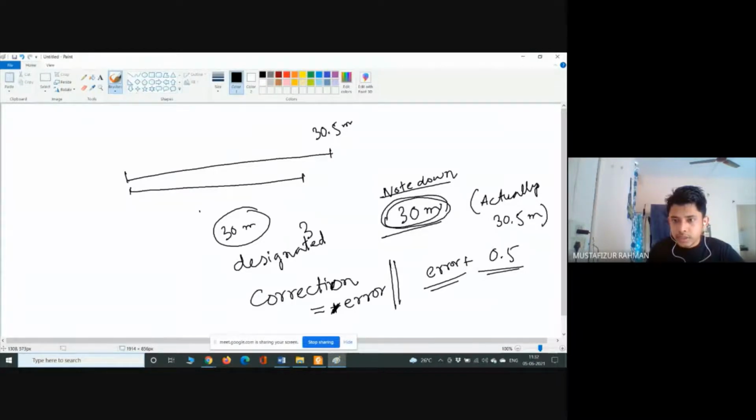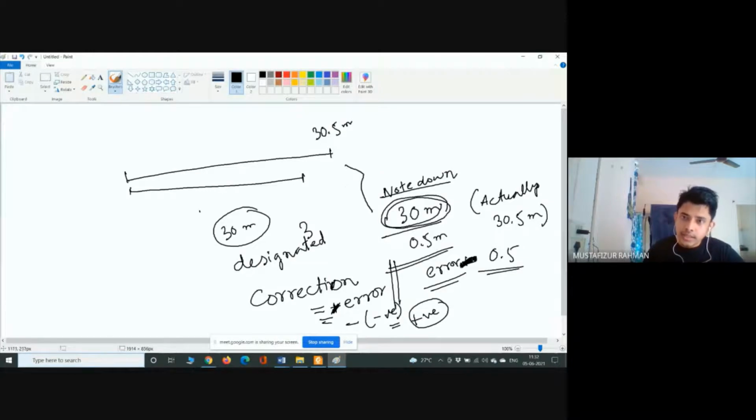The error is negative. The correction is positive, negative of negative is going to be positive. So when we add 0.5 meter to this original designated length, then only we will get the actually measured value.